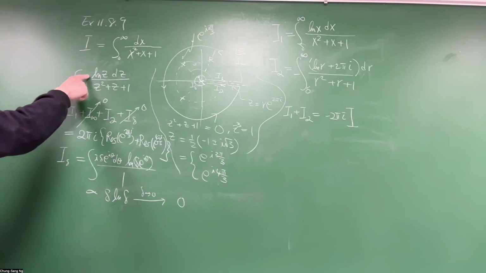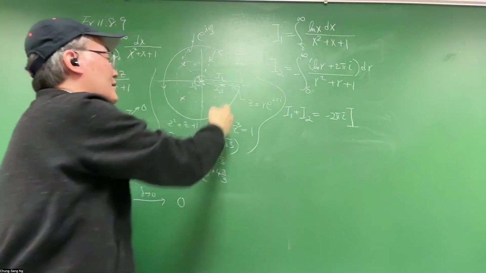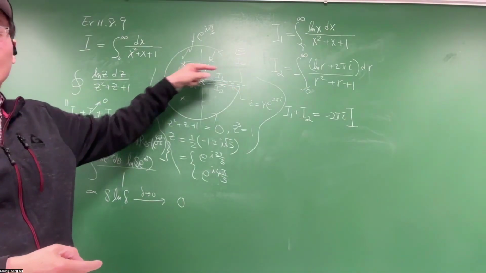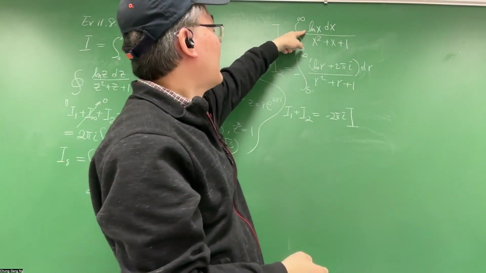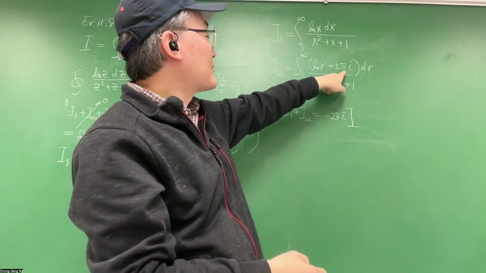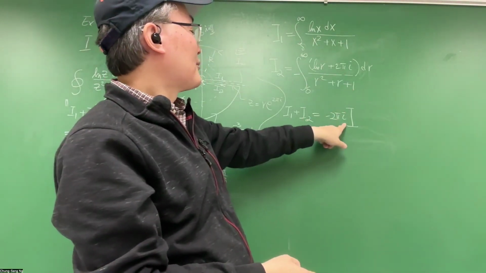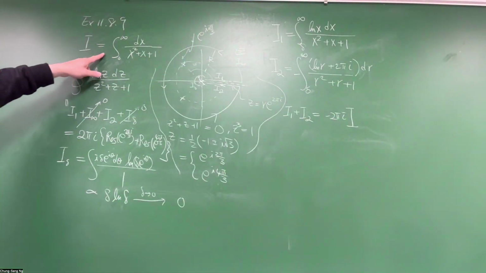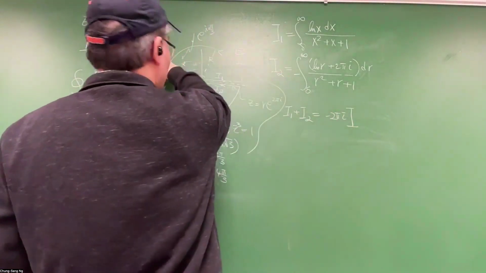The introduction of this log z factor is basically so that the two terms cancel between the integrals along the upper and lower straight lines. So that's like a trick. Once we introduce the log, these two cancel, but there's an extra term due to the change of the phase. And that's minus 2 pi i times the integral we actually want to solve.